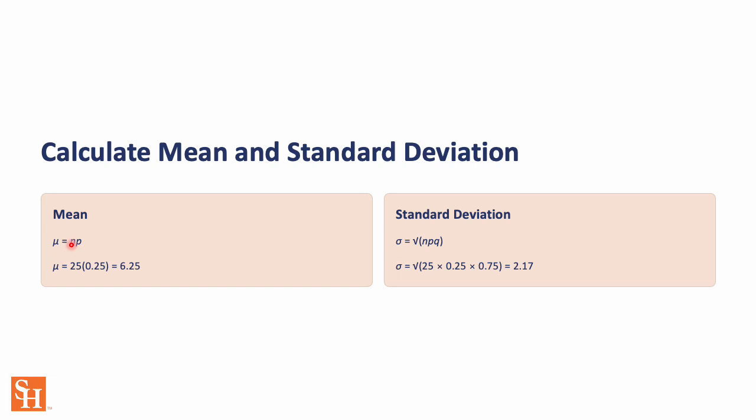With N equal to 25 and P equal to 0.25, NP is 6.25, which is our mean. And the standard deviation, the square root of NPQ, is 2.17, right? So this is the mean and standard deviation for this distribution.